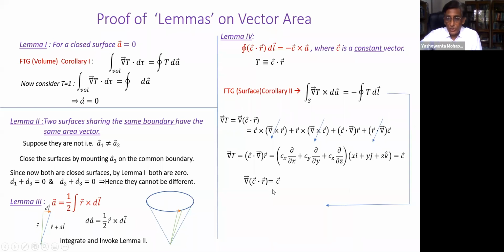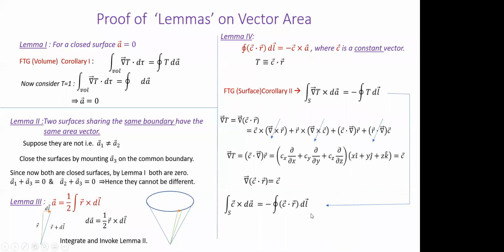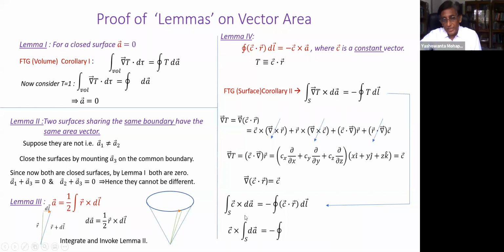All right. So now I'll invoke the surface corollary 2 that I just proved a few minutes back. And then I say that C cross dA, I can write down this. I'm just invoking that. And hence I can write down C cross dA over the surface S is this.